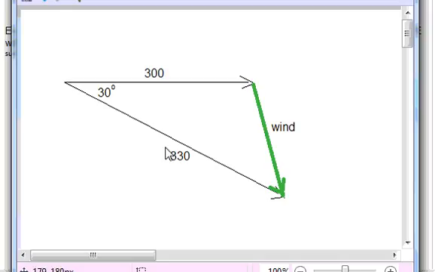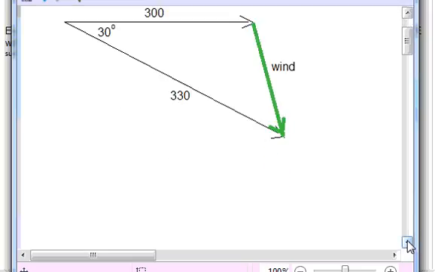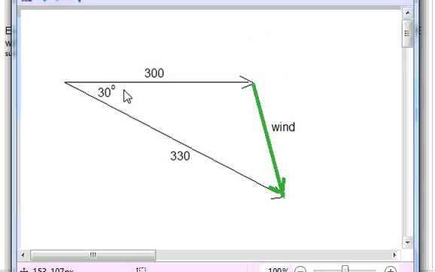So this is a 30-degree angle, and the ground speed is 330. We need to know the speed and direction of the wind. The speed we can get pretty easily, because we have two sides and the included angle, and we need the third side. That's side-angle-side, so we would use the law of cosines.